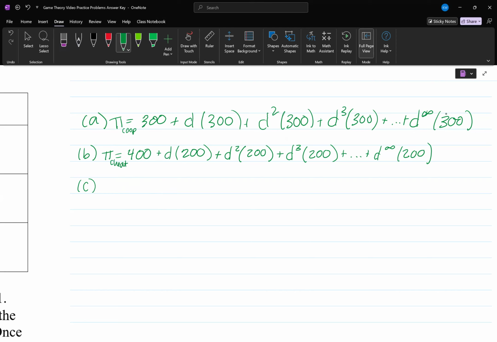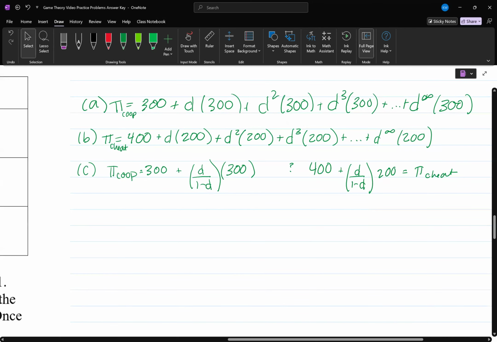Remember that for an infinite series, we can replace it by d over 1 minus d times whatever that value is, modifying the discount rate. So our profit from cooperating is going to be 300 plus the discount rate over 1 minus the discount rate times 300. And we want to know how that compares to our profit from cheating, which is 400 plus d over 1 minus d times 200, which is the profit again from cheating.